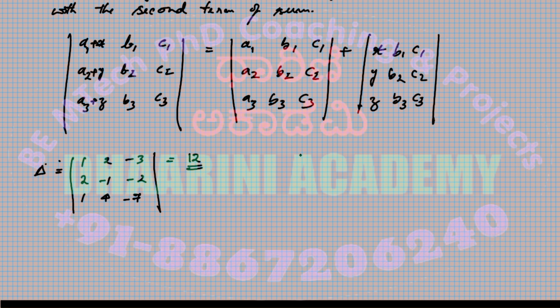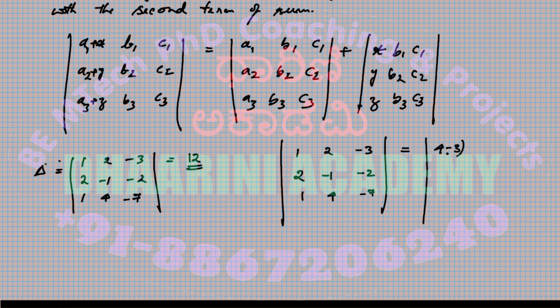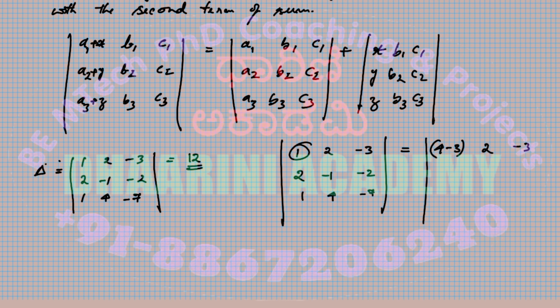So let us say 1, 2, minus 3, 2, minus 1, minus 2, and 1, 4, minus 7. I'll try to split this up. So I'll write the first column as 4 minus 3, 8 minus 6, because 4 minus 3 is equal to 1. We are trying to write it in this fashion.